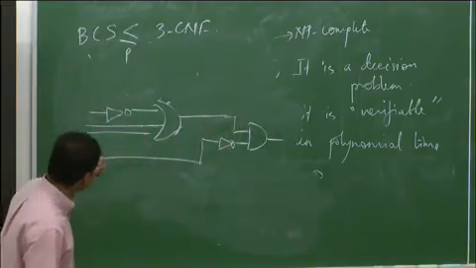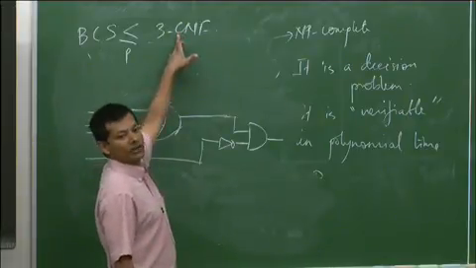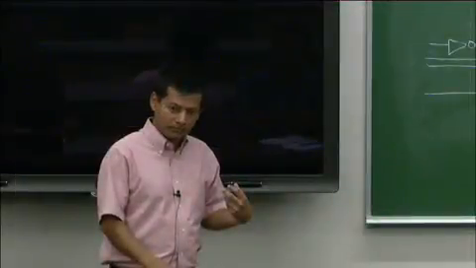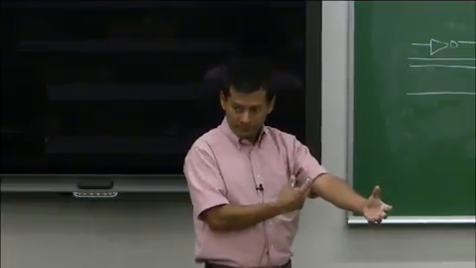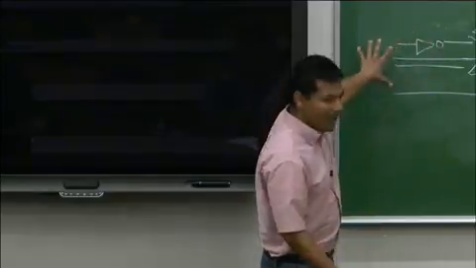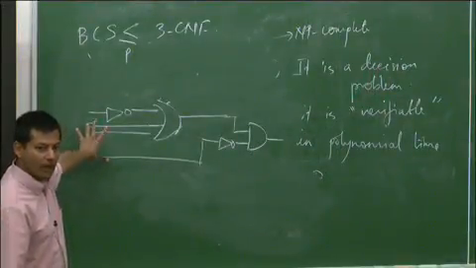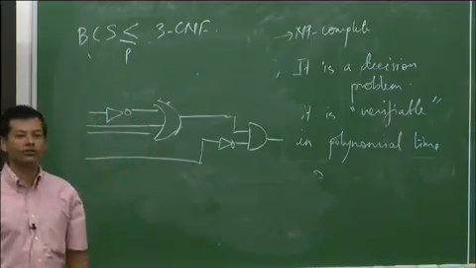Okay. What I am going to try to do is take this and turn it into something that looks like that. That is what it means to be able to reduce a problem. You give me a problem in your domain, I will turn it into a problem in my domain. So, when you give me any circuit in the Boolean circuit satisfiability problem, I need to take that problem and say, for this I am going to produce you another problem.